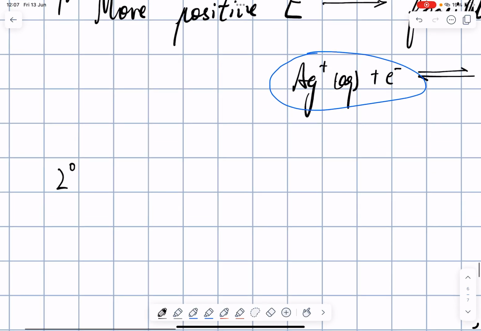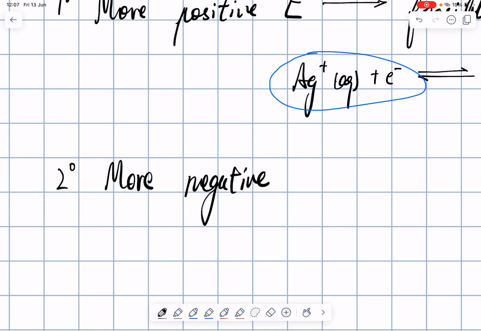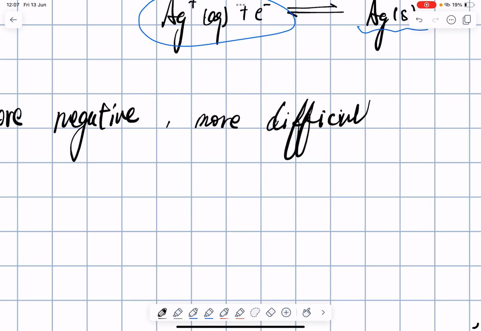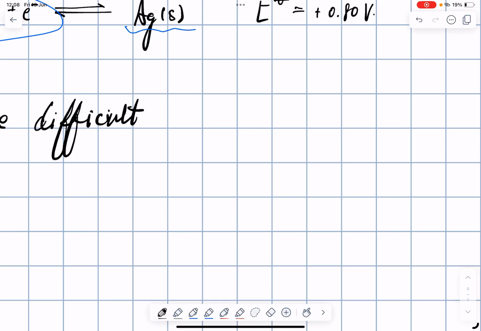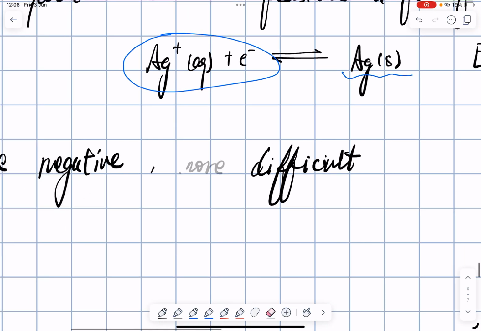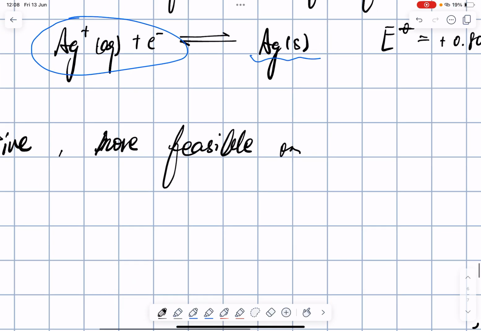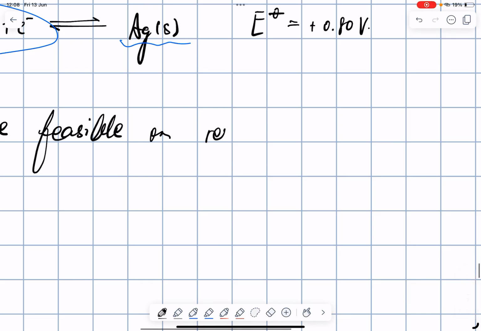Here, it's just the reverse statement. So maybe you can know that if electrode potential gets more negative, it's more difficult to reduce ions on the left. It's more feasible on the reverse reaction.